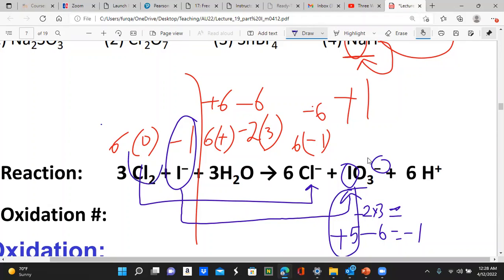And your chlorines were all zeros, ended up on -6, which means each chlorine is -1 oxidation state.